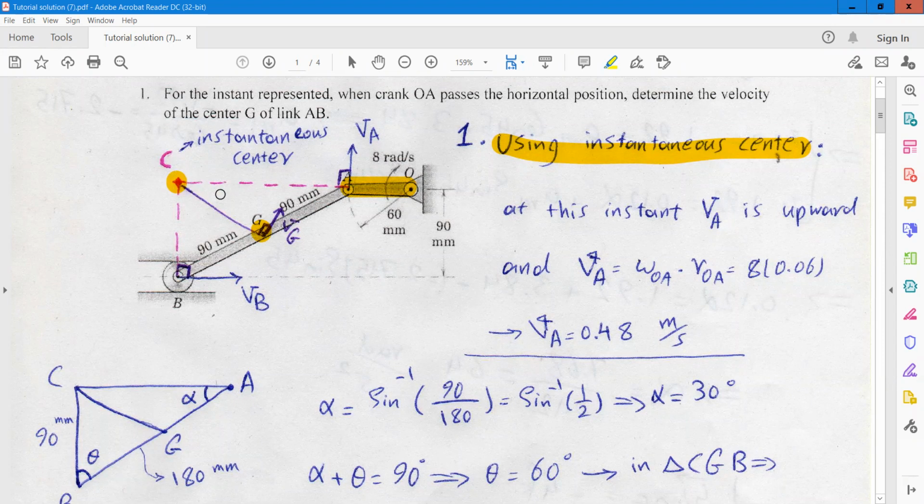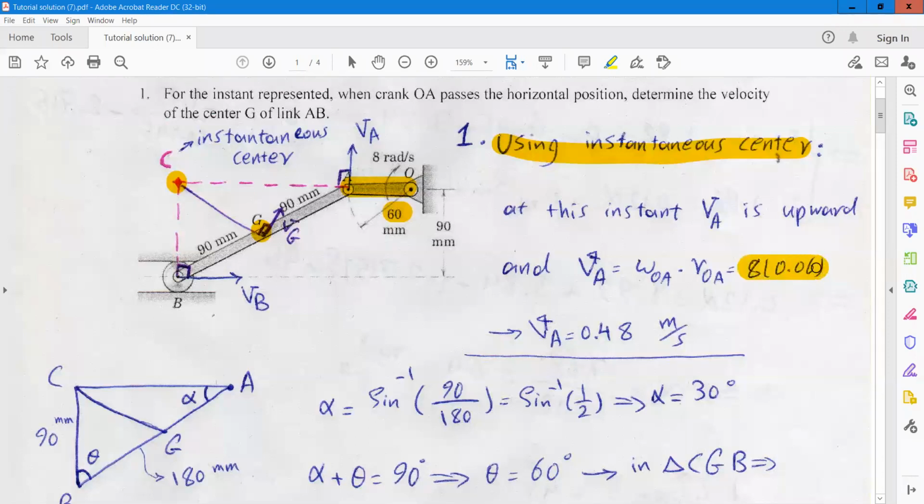Now, using the velocity of A, we can find the angular velocity of AB. So first we need to find the velocity of point A in link OA, because A is a common point between link OA and link AB. So the velocity of A, when you look at this from link OA, is equal to 8 radian per second times its r, which is 60 millimeter, or 0.06 meter.